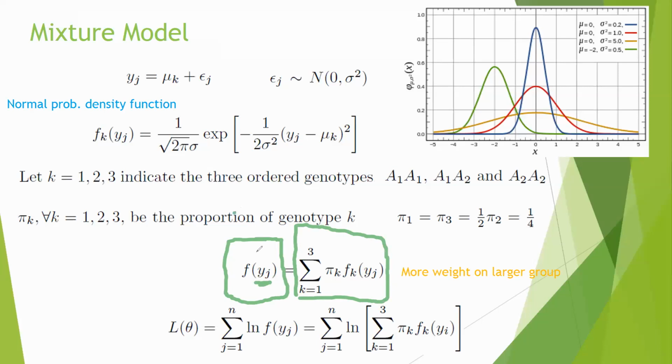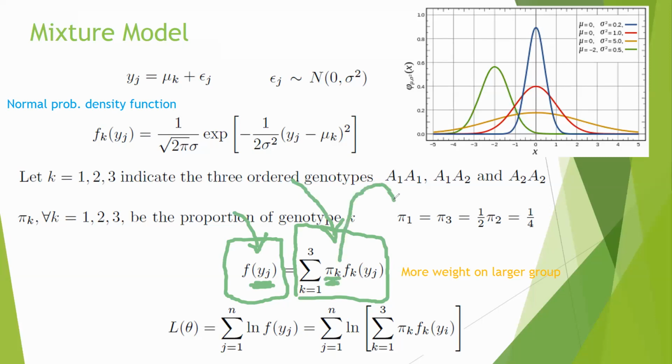So this is the mixture probability, and for a specific individual, we have 100 individuals, right? Let's say for j equals 1, the first individual, how do we calculate the probability density function? This probability function is actually a sum of three normal density functions with the weight. So this is the weight, right?